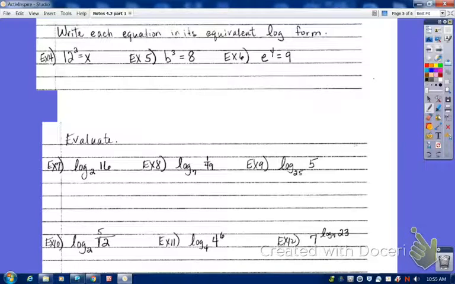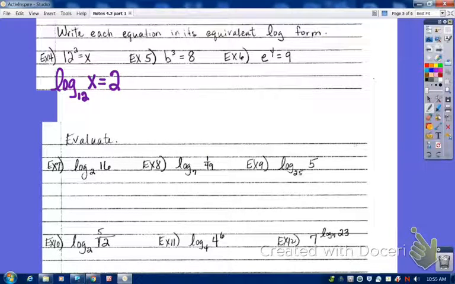Next slide says write each equation in equivalent log form. So now we're going to go the other way. So we're going to say log. What's our base in example 4? 12. So the little subscript will be your 12. The next number comes from what 12 squared is equal to. So that would be x. And then remember, logs are always equal to your exponent.